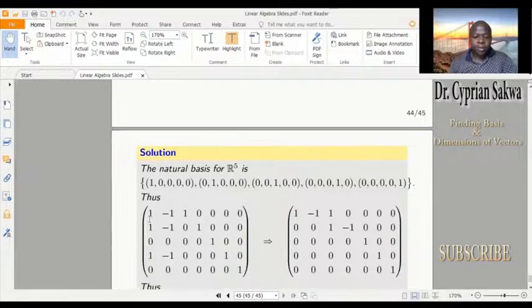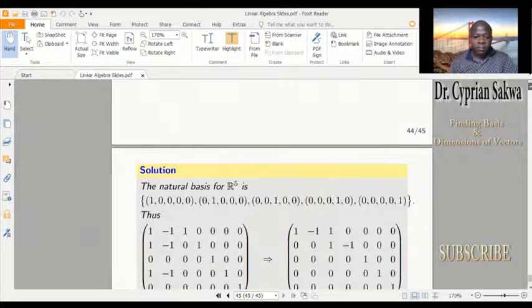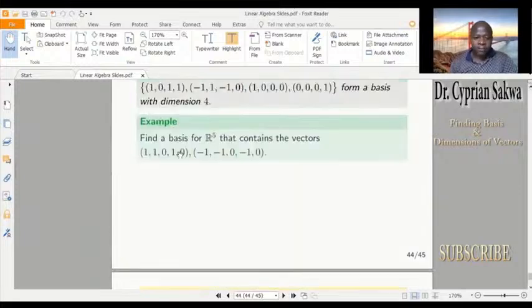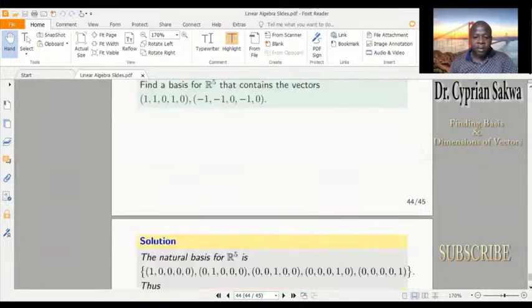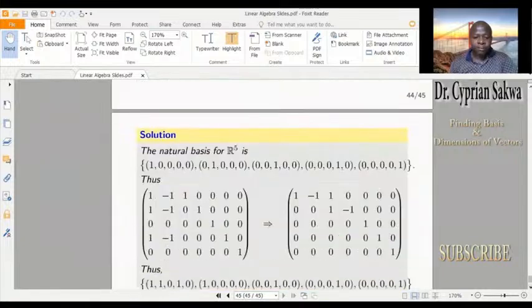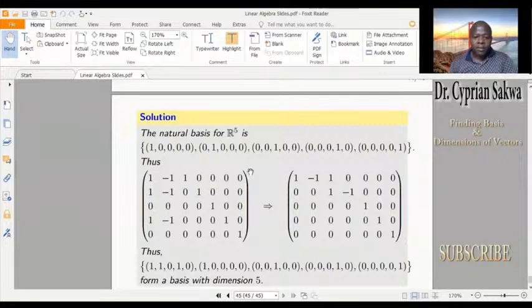Then the second vector that our basis must contain is negative 1, negative 1, 0, negative 1, 0, and I put that in our second column. Then I put these other vectors in the other columns: this one in the third column, this in the fourth column, this in the fifth, and so on.